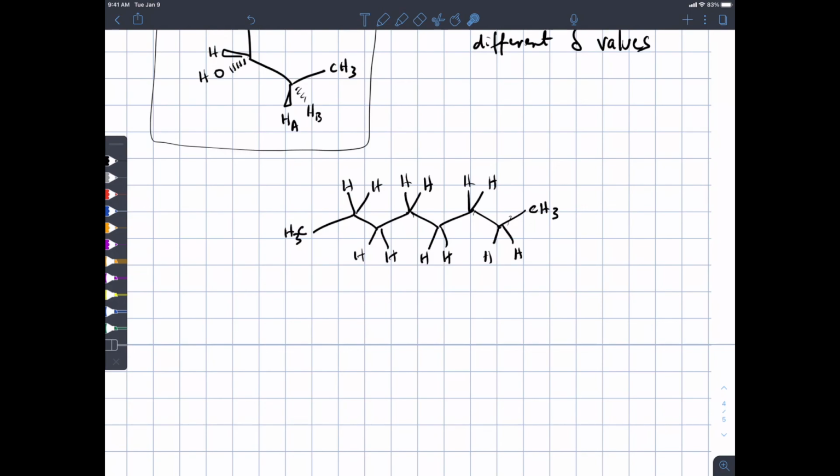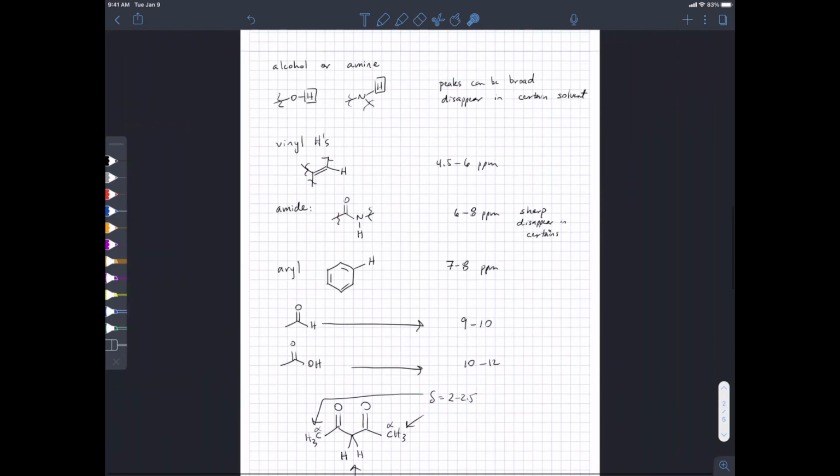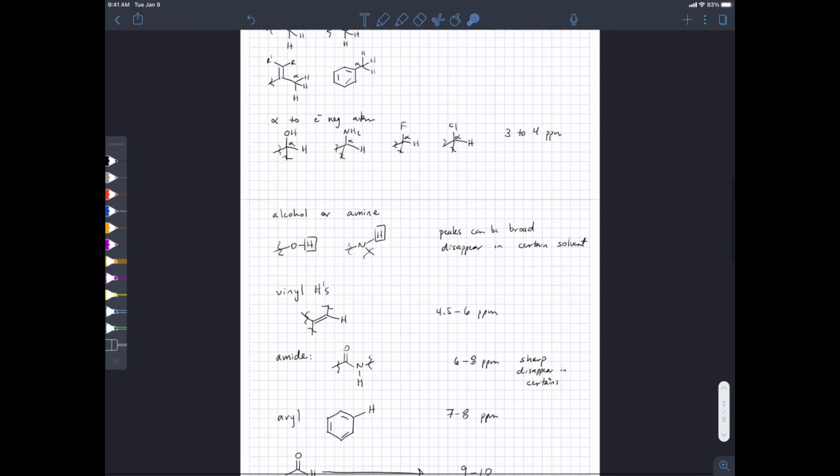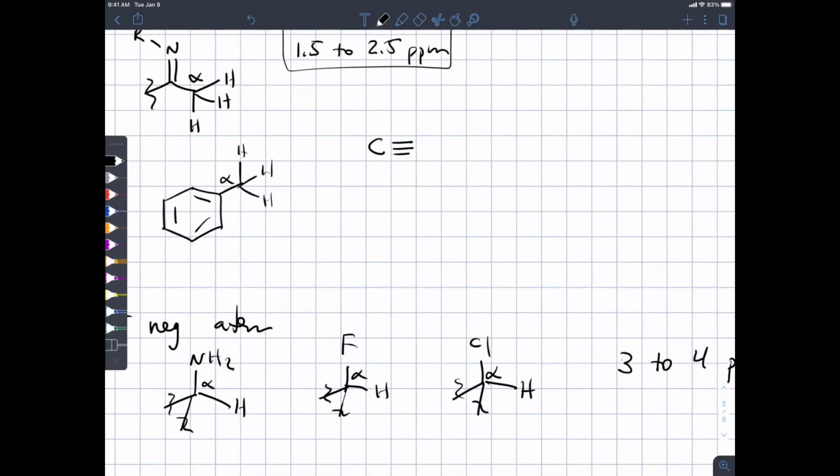All right. Anything else? How would you see the chemical shift for a triple bond? I left that one out. That one is kind of weird for reasons that we don't necessarily need to discuss. Being attached to a carbon that's involved in a triple bond, if you're attached to a double bond, you're vinyl.